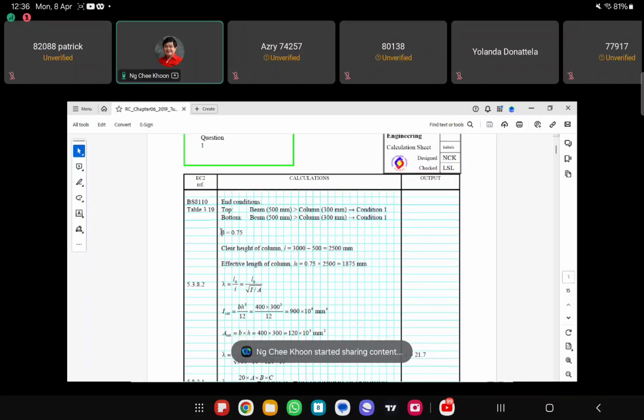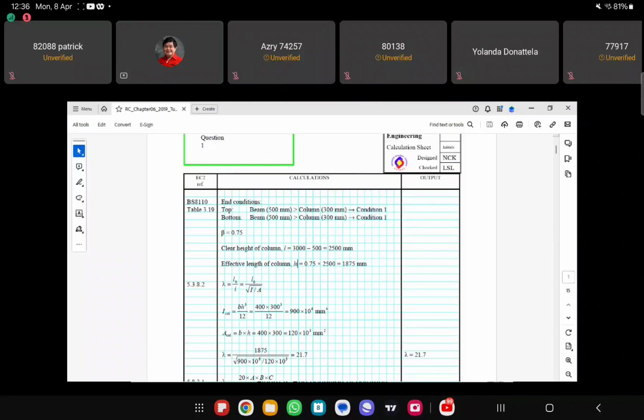Okay, so if the top is condition 1, bottom is condition 1, then beta is 0.75, right? So the clear height of the column, you see that the actual height of the column is 3 meter. If you look at the y-axis bending, it will be this beam and this beam resisting y-axis bending.